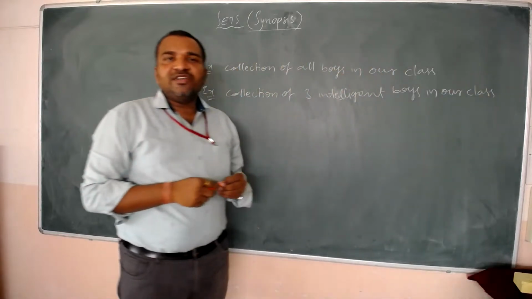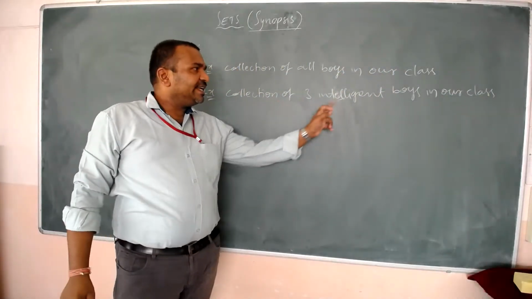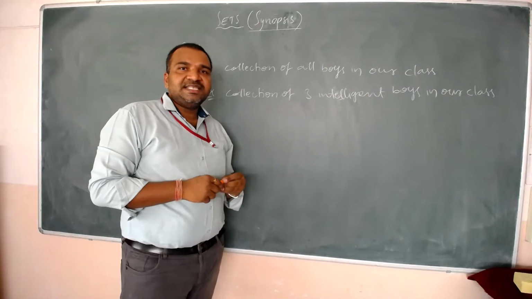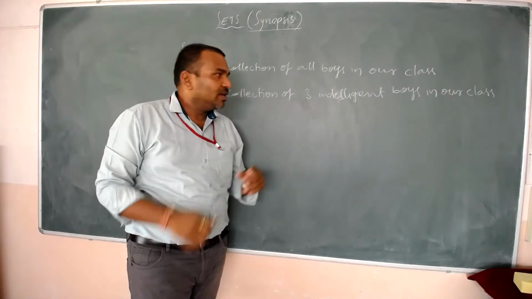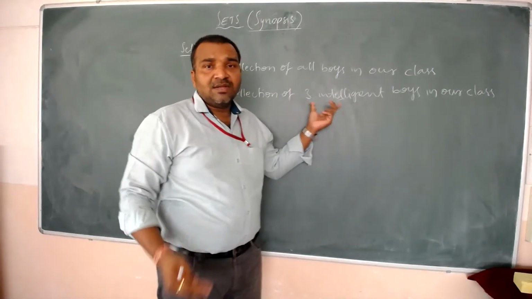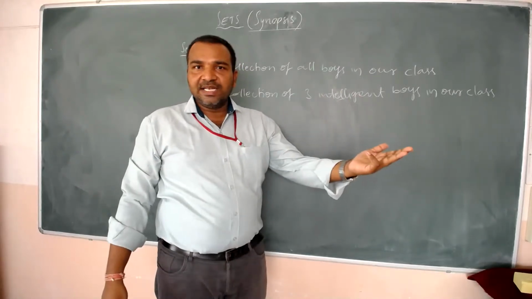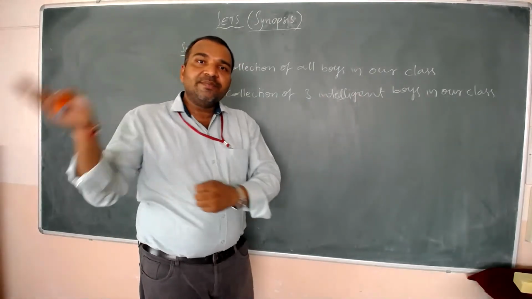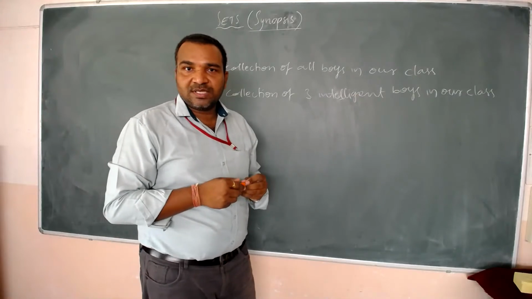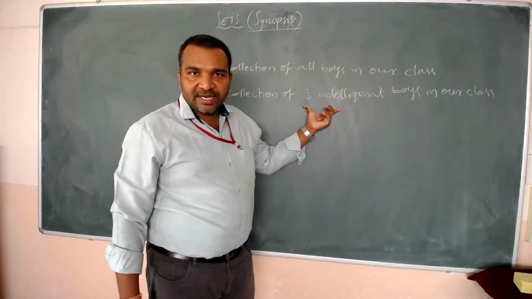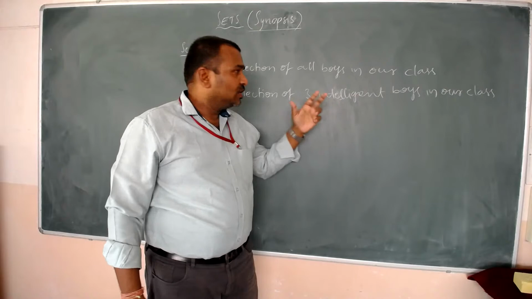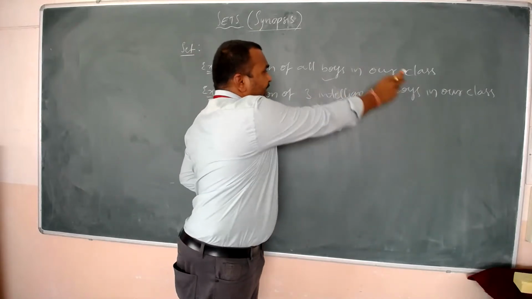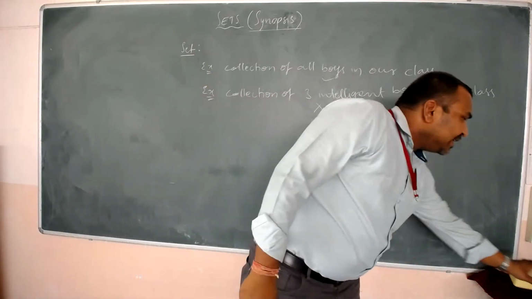It is not a well-defined collection, because according to me some three are intelligent, and according to someone else some other three are intelligent boys. So it is not a well-defined collection. It is simply a collection, so it is not a set.